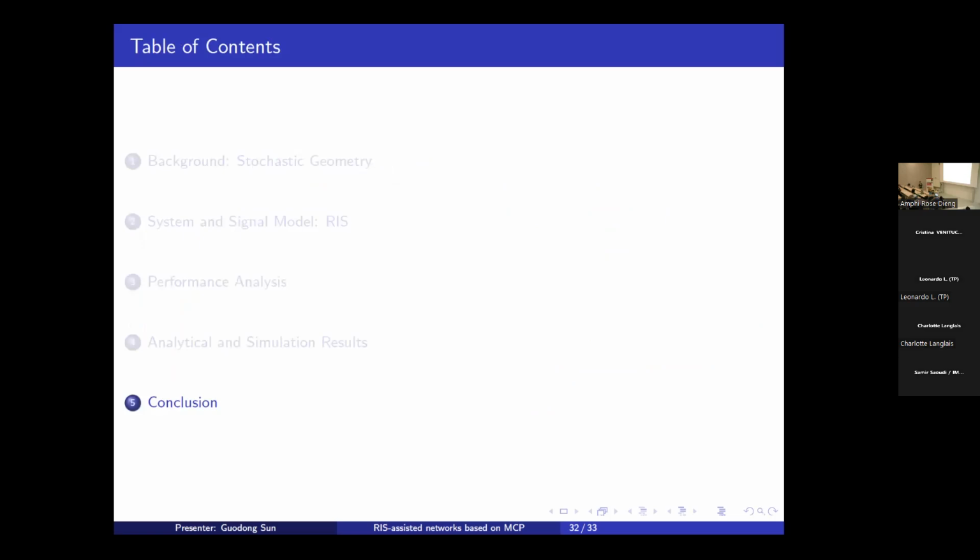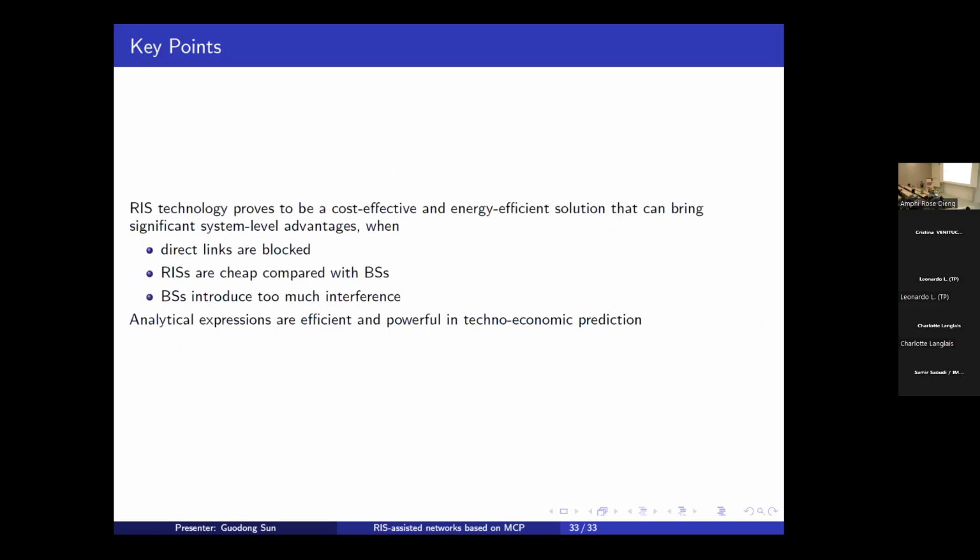So here is the conclusion, the takeaway from this talk: RIS technology can be cost-effective and energy-efficient. It's a passive device. It can give a significant system-level advantage, not only on some link, but at the system level. In particular, when the direct links are blocked and when the RISs are cheap, we saw curves showing that using the same resource, you can buy different amounts of RISs and have a different gain.